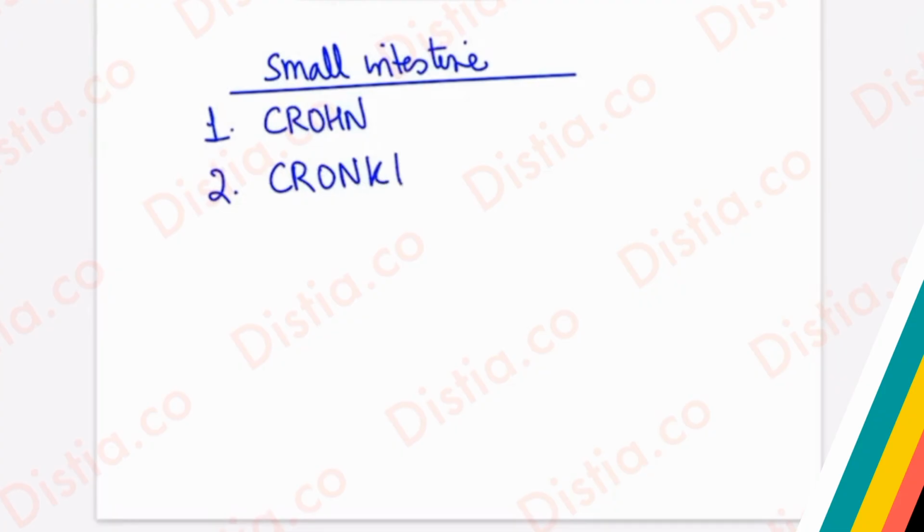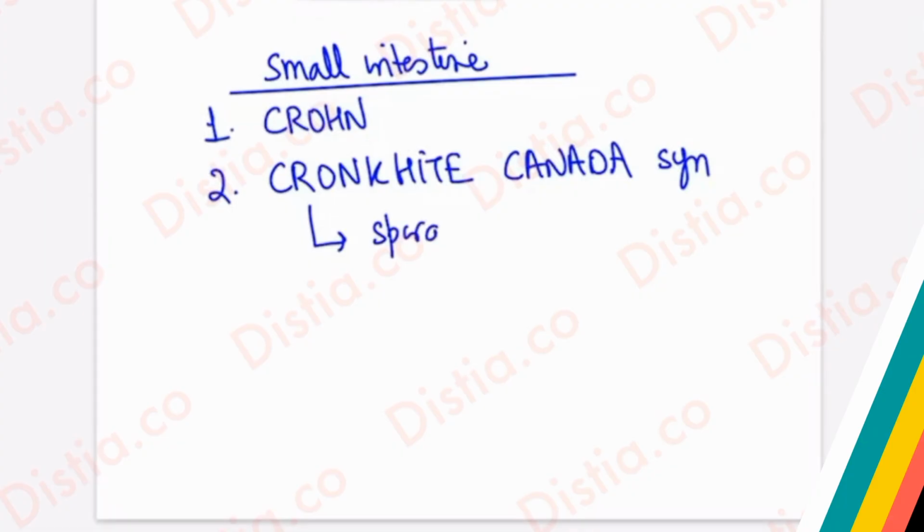The next condition that I want you to remember is called Cronkhite-Canada syndrome. Yes, Canada the country, Justin Trudeau the Prime Minister of that country. So Cronkhite-Canada syndrome. Well, the problem in this case would be presence of sporadic hamartomatous polyps.